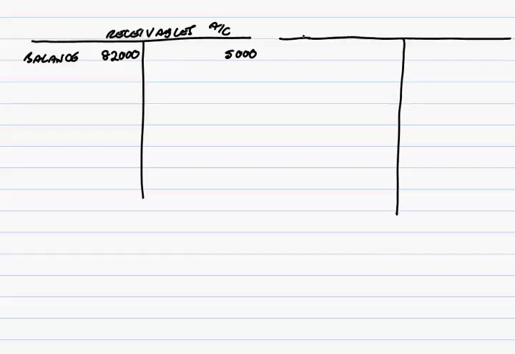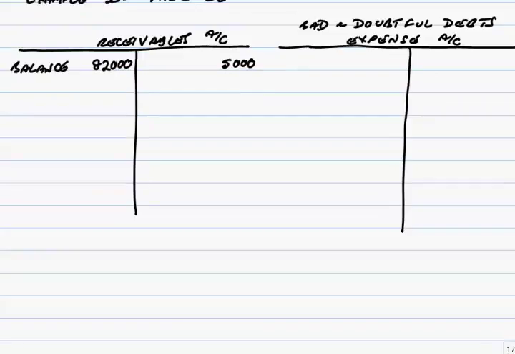The double entry, well, the cost of doing that, we'll debit to an expense account, the bad and doubtful debts expense account. I said before, bad debt is a word you'll often see for irrecoverable debts. Strictly, it should be irrecoverable and doubtful debts account.